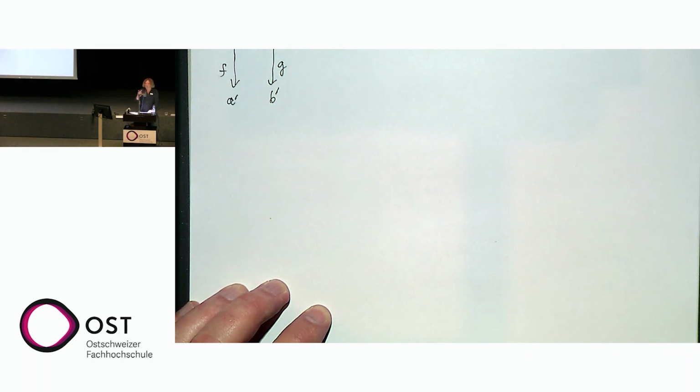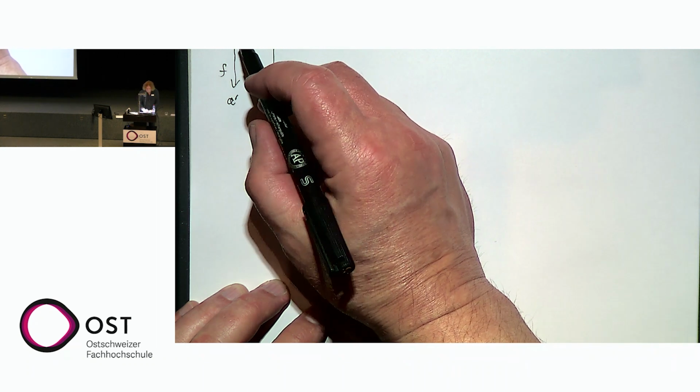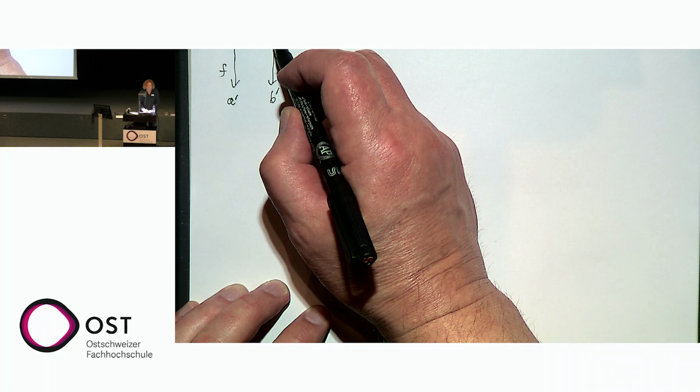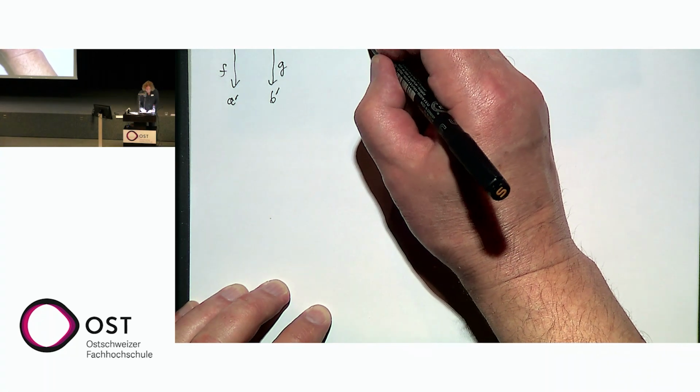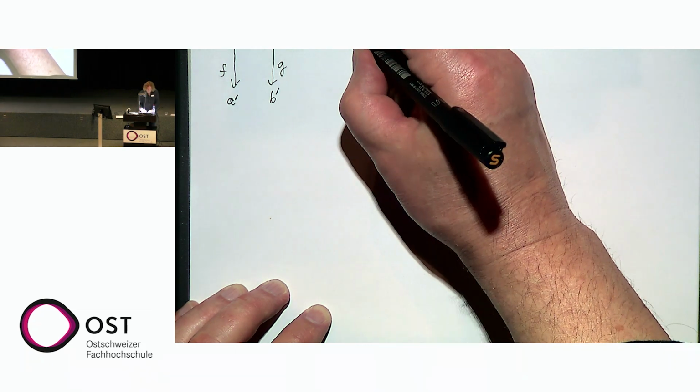Now, product is thought of in terms of a functor. You don't really have to know what a functor is, just a mapping of objects and a mapping of arrows, okay? So a functor will map this pair AB into A cross B, into a single object, A cross B.